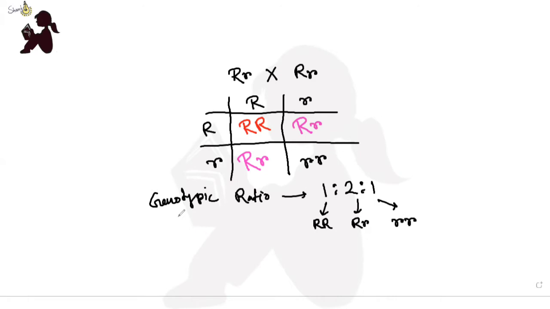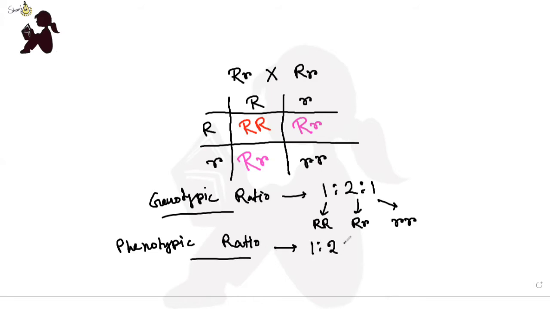The phenotypic ratio is also 1:2:1. One is for red, 2 is for pink, and the last one is for white.